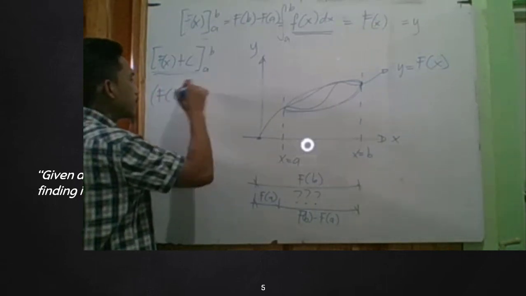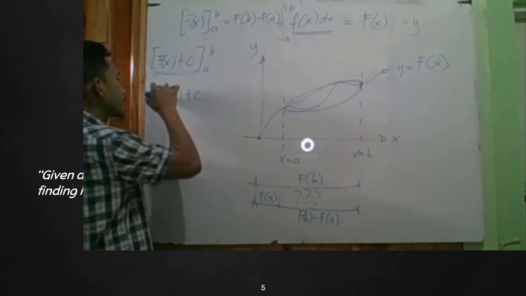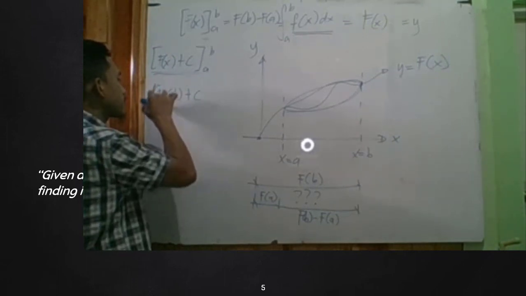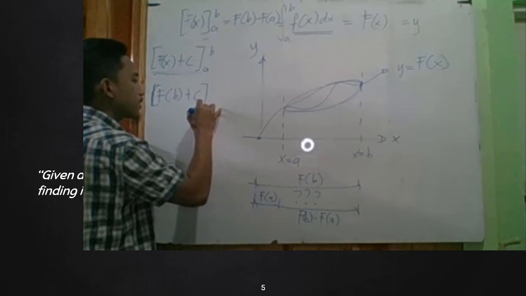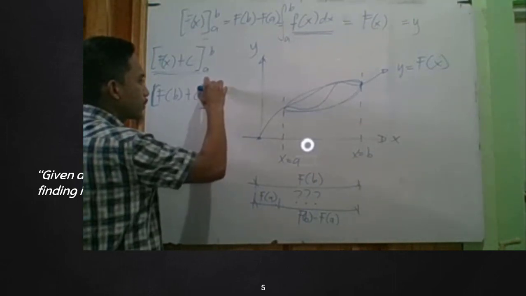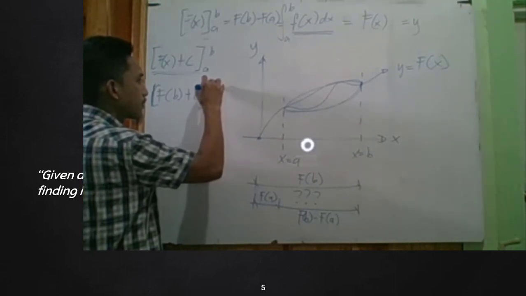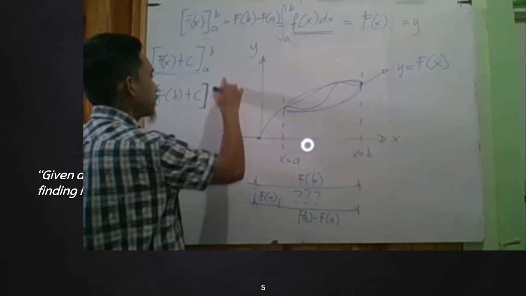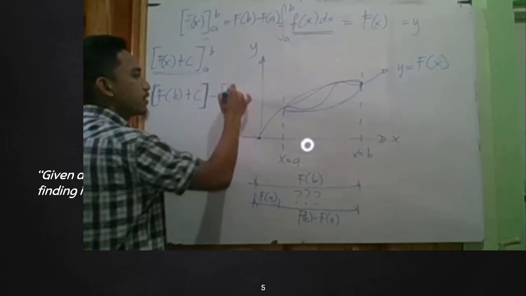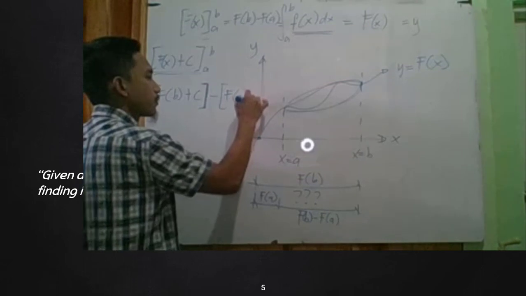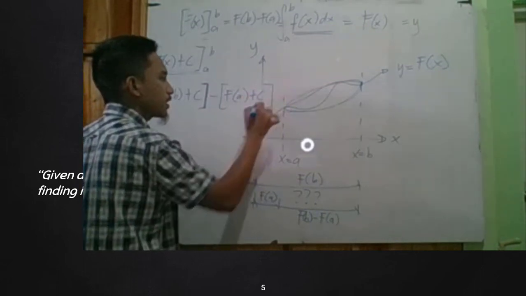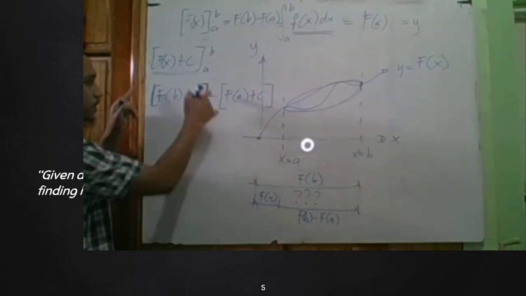However, all of this value of f of b plus c will be reduced by substituting x equals a, but still there is plus c. Now I will simplify. I can erase the grouping sign.